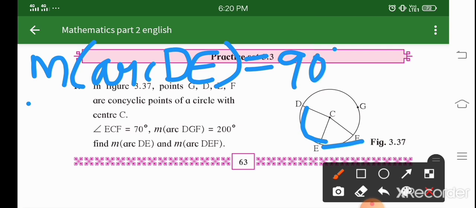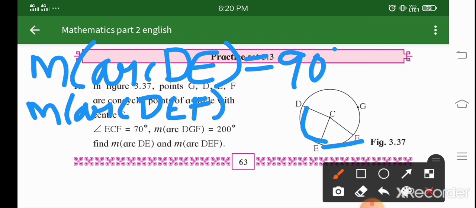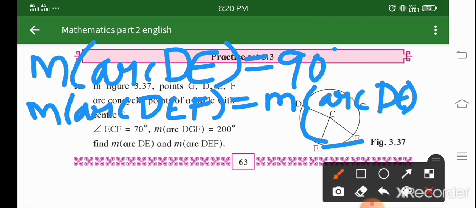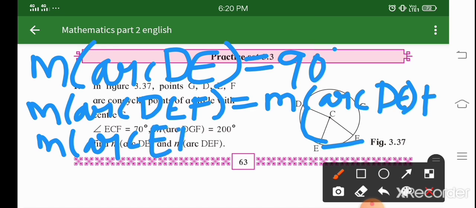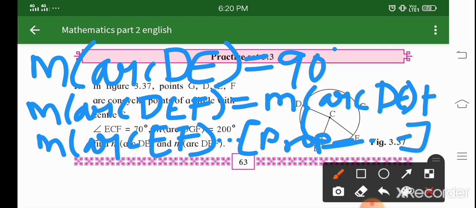So use that property: measure of arc DEF is equal to measure of arc DE plus measure of arc EF. The reason is the sum property, you can specify that theorem, and then just substitute the values. This we have to find out.